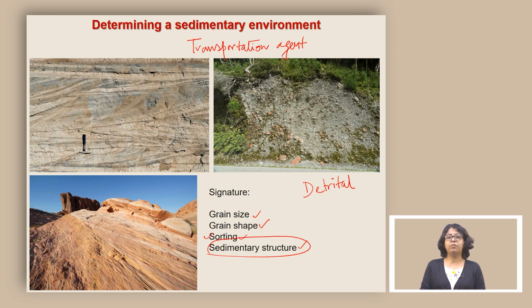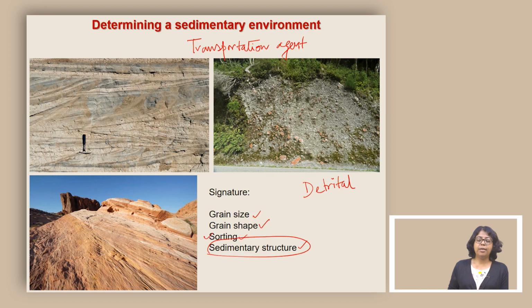Therefore, one part of it will be polished, but not the rest. So, the grain shape can be quite irregular to polished on one surface, but not on the other ones. So, these are some of the examples which can easily tell you the difference between a rock that is produced by movement of glaciers versus a rock that is produced by sediments that were carried by wind.